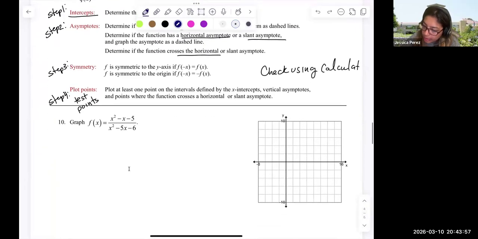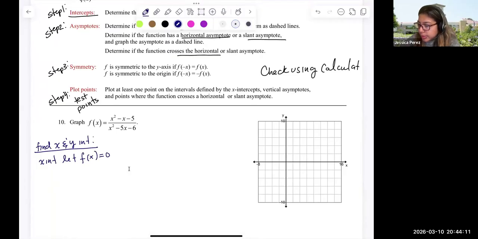The first thing we want to do is find the x and y intercepts. I'll start with the x-intercepts. Let f of x equal 0. So that's 0 equals x squared minus x minus 5 over x squared minus 5x minus 6. When you're asked to find the x-intercepts, you only care about the numerator.